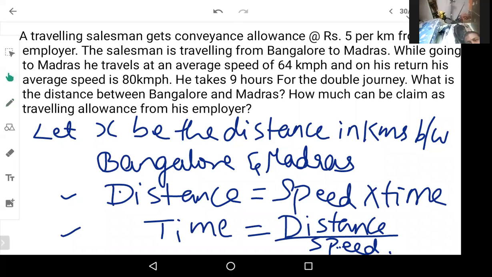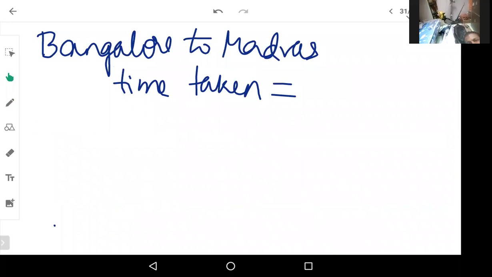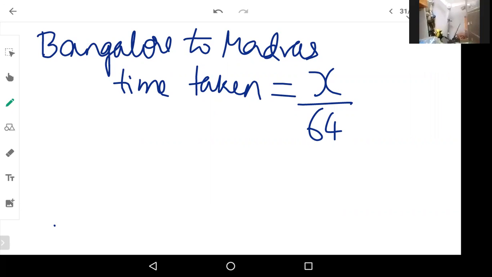Now, from Bangalore to Madras, he is traveling at a speed of 64 kilometers per hour. And the distance we have taken as x. So x divided by 64 will give us the time taken to travel between Bangalore and Madras. So this will be x by 64.